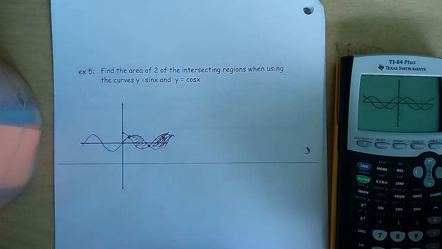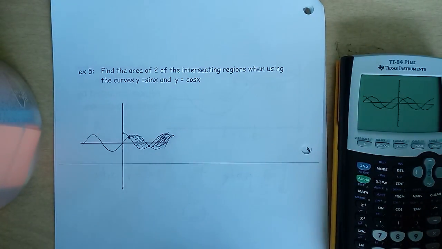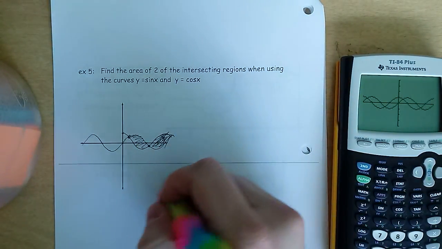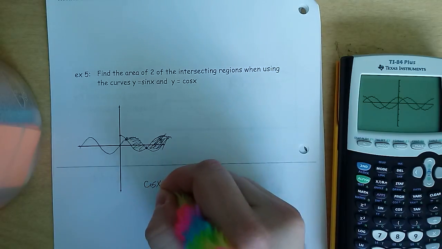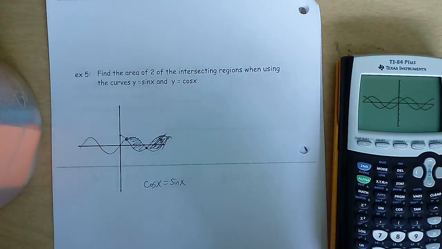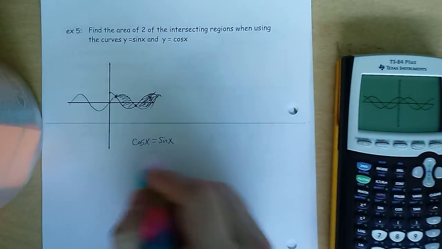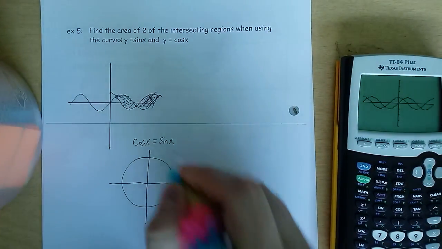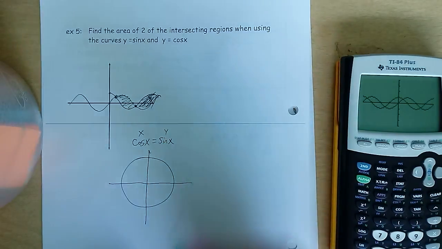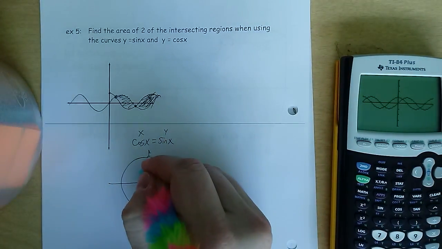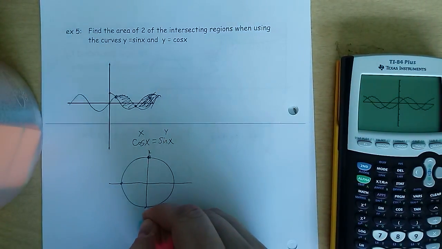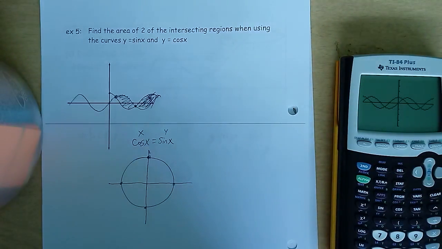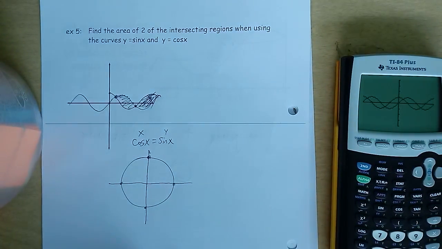Okay, so if I'm doing this by hand, I know I can set them equal to each other. And that's really saying, on my unit circle, when is my x coordinate equal to my y coordinate? At the top, left, bottom, and right, we get zeros and ones, but we never have the same number at the same time.